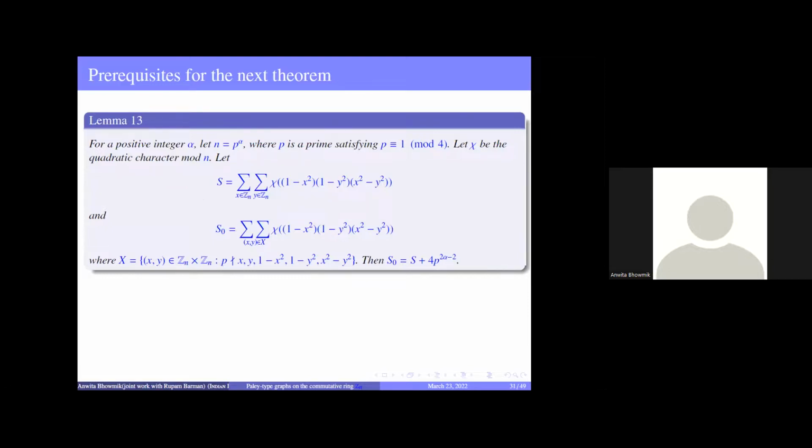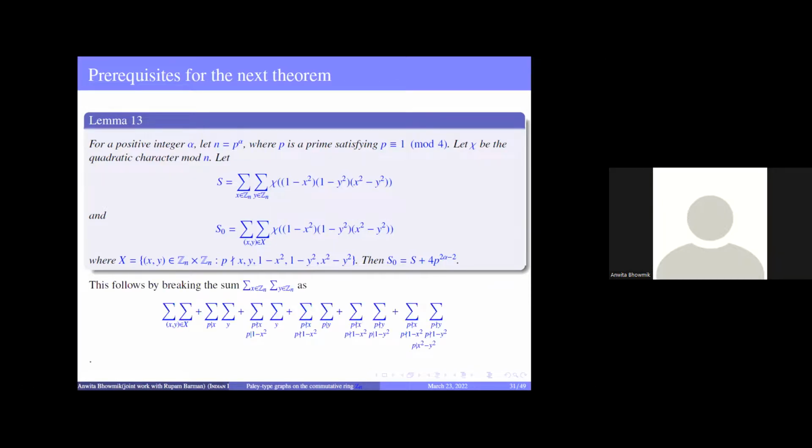All those coordinate pairs in Zn cross Zn such that x, y, 1 minus x square, 1 minus y square, and x square minus y square are all in Zn star. Then we have a relation between S0 and S, and this is nothing but expanding the sum S and breaking it into smaller parts.